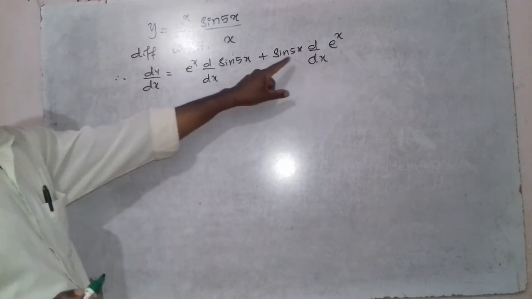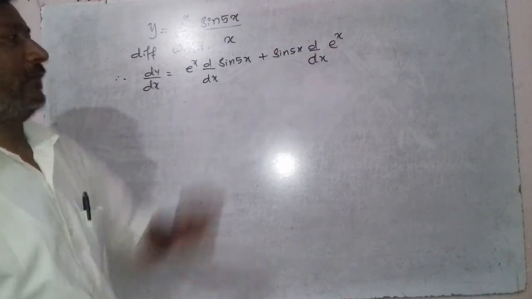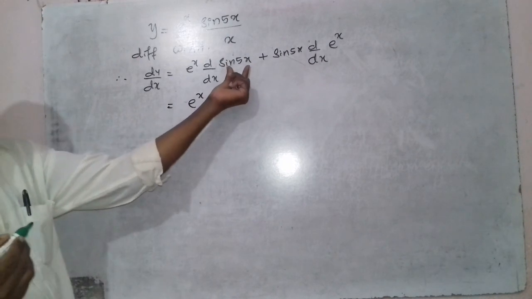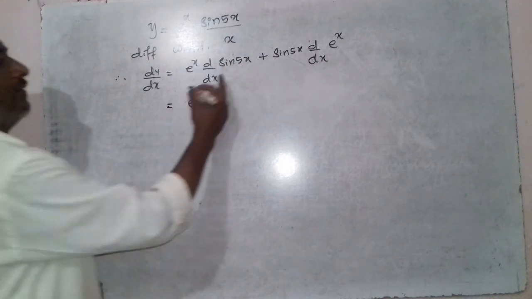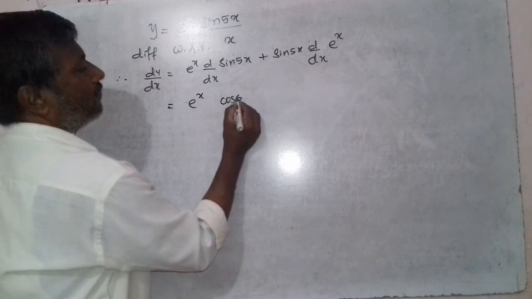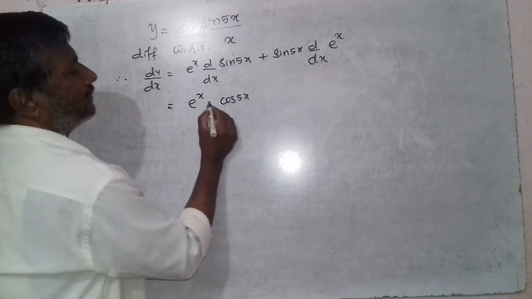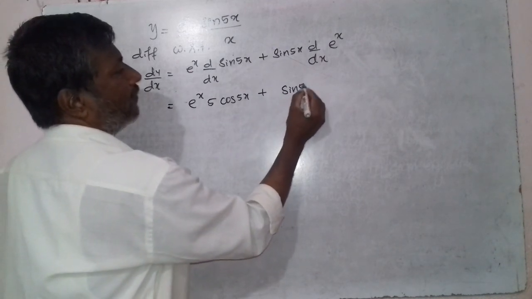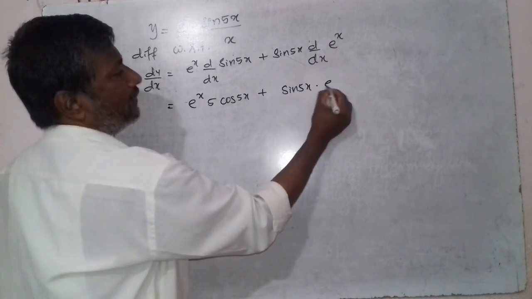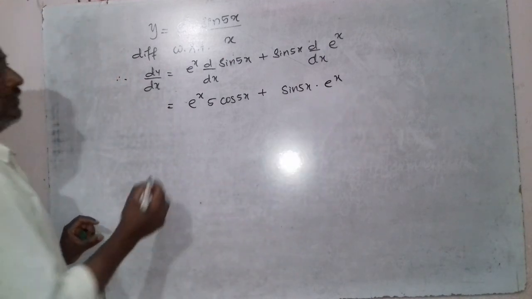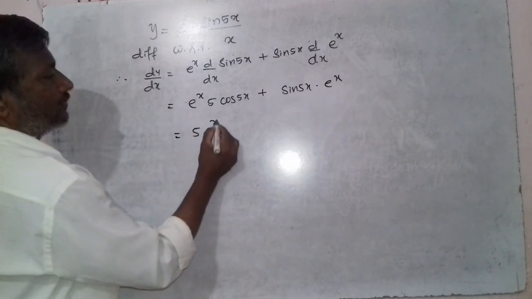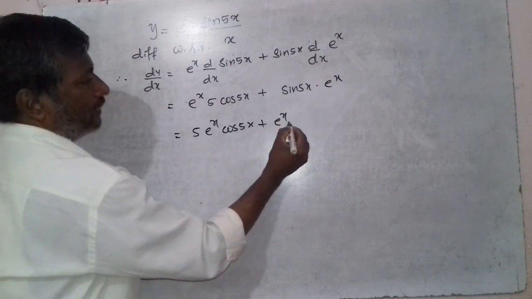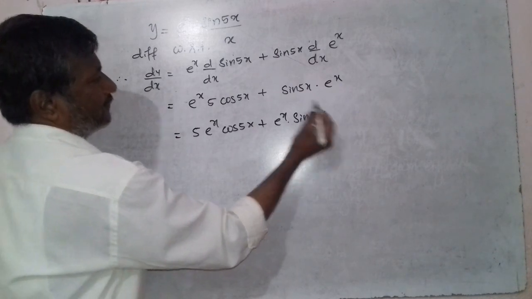This equals e raised to x. Here it is a composite function sin ax. Derivative of sin is cos 5x and derivative of 5x is 5, plus sin 5x times derivative of e raised to x, which is e raised to x. This equals 5 e raised to x cos 5x plus e raised to x sin 5x.